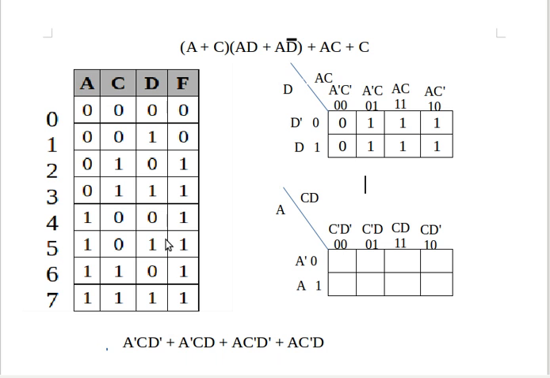Here to simplify, I'll start grouping on powers of 2, meaning I can group 2 to the power 0, which is 1, 2 to the power 1, which is 2, 2 to the power 2, which is 4, and 2 to the power 3, 8. We might have 8 if the whole circuit was true, but I think that's really hard to get. So let's simplify.